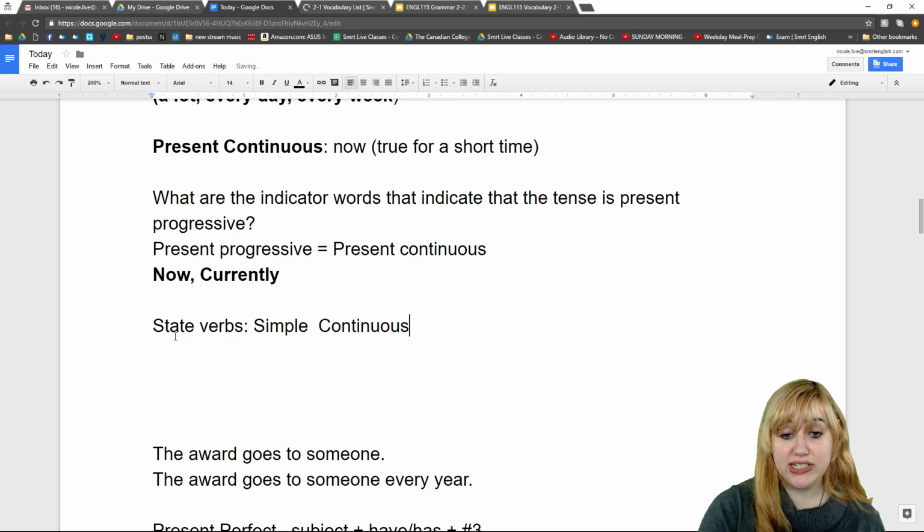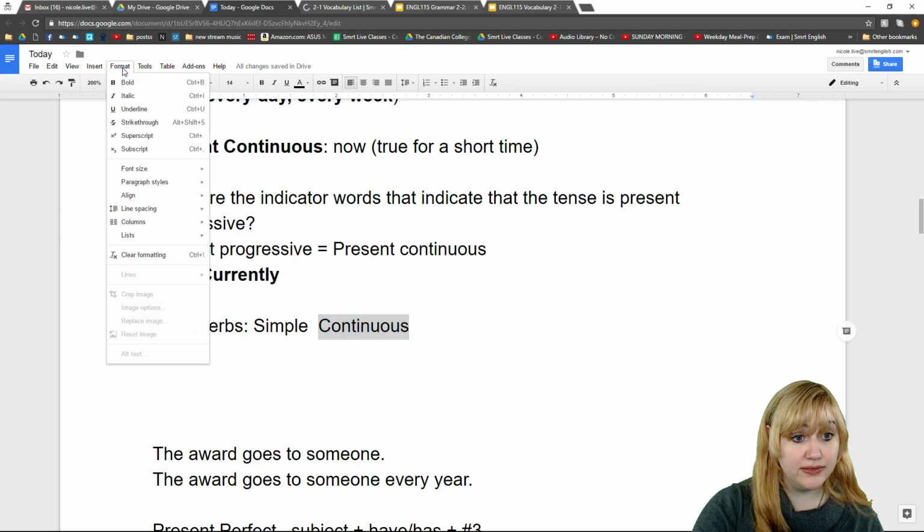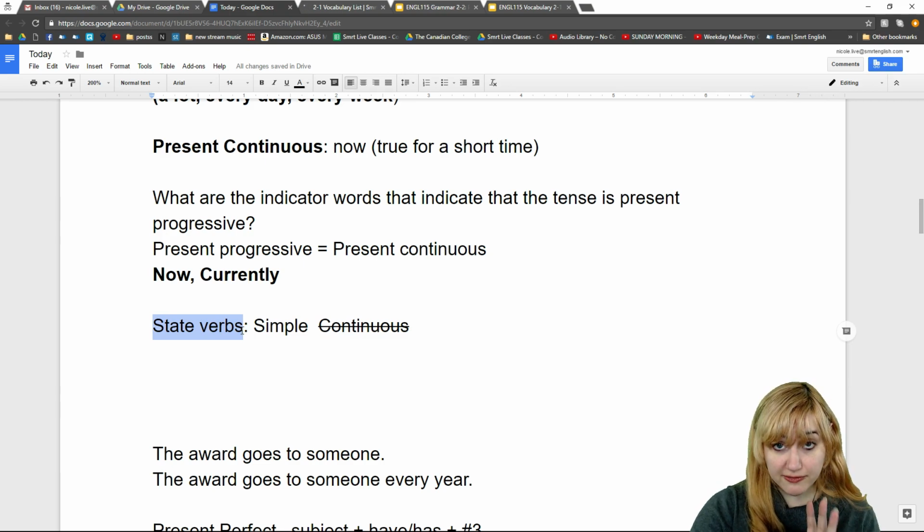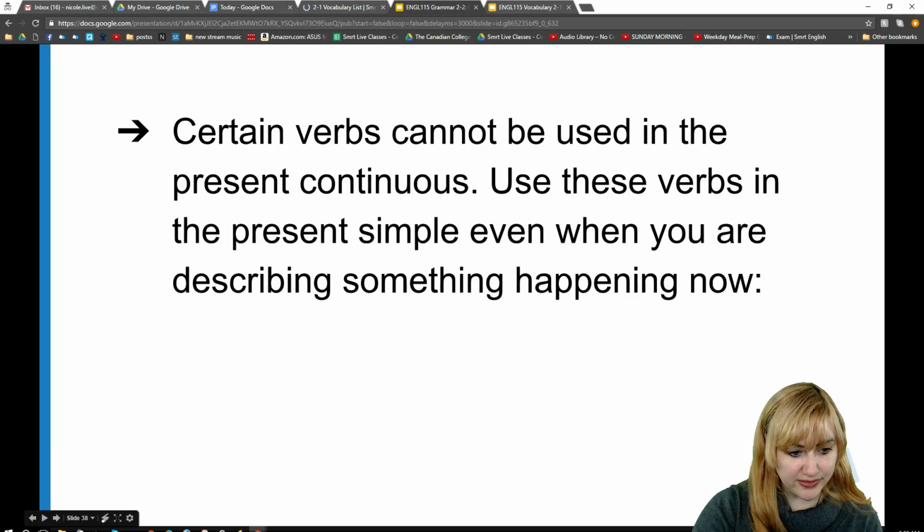We don't use continuous grammar. So for state verbs, these are special verbs. We use simple grammar. We don't use continuous grammar. I'll give you some examples of state verbs. Here we go.